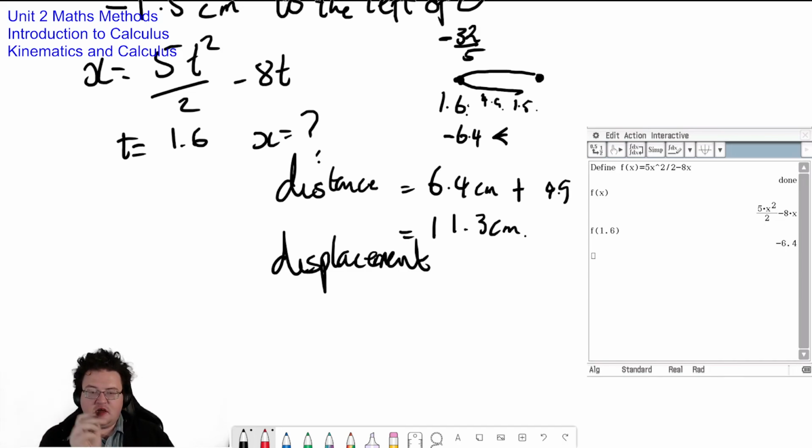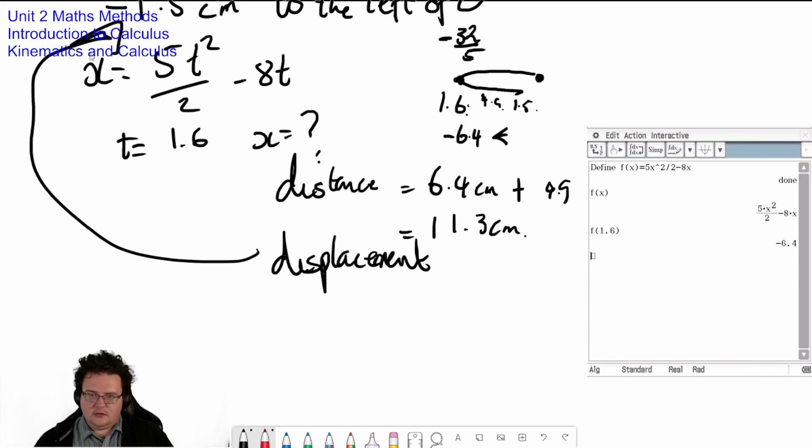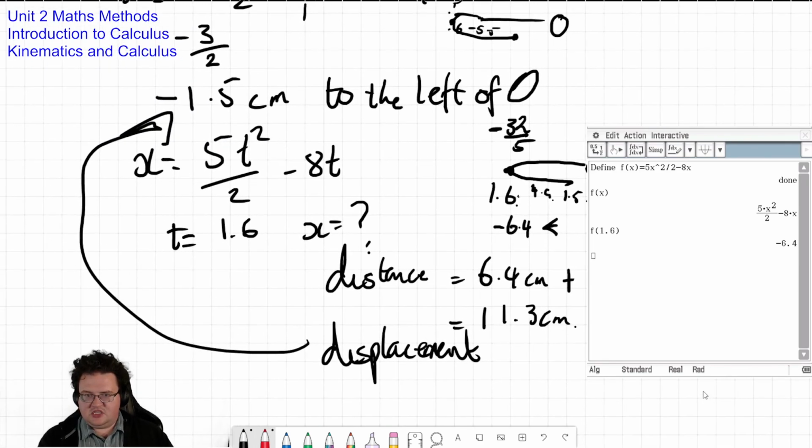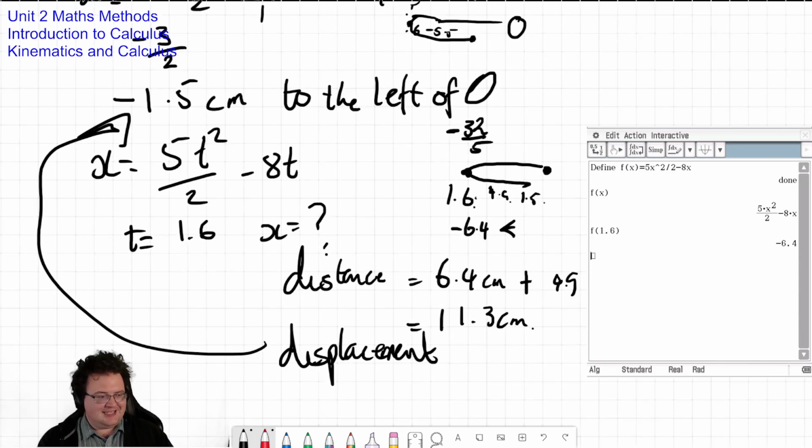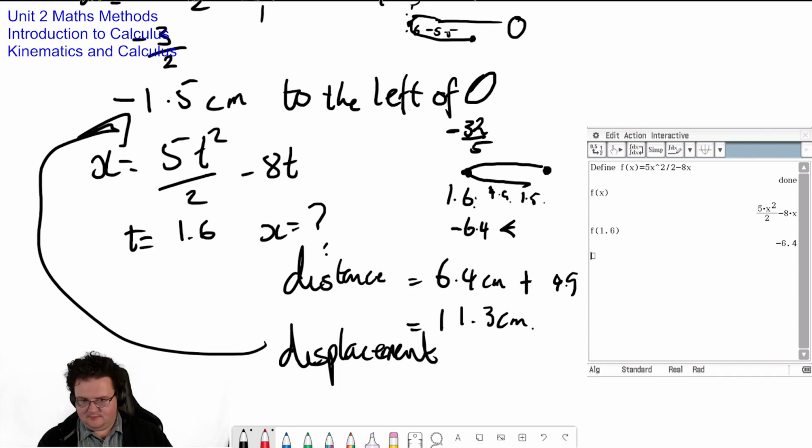In this case, the displacement cares about how far it's actually moved from where you started. And that is the statement I said before. 1.5 centimeters to the left of the origin is its displacement.